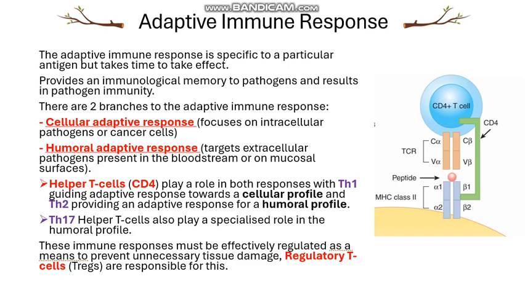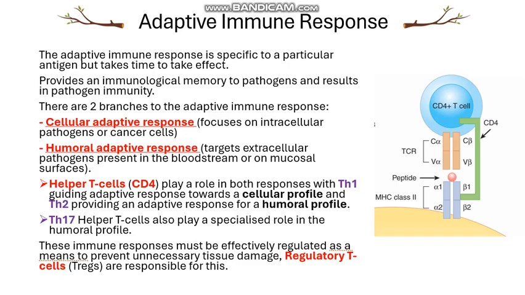It provides an immunological memory to pathogens in the form of memory B cells, and this results in pathogen immunity because these memory B cells will differentiate into plasma cells if they ever come into contact with the same antigen again. These plasma cells are going to produce the antibodies needed to opsonize the pathogen the antigen came from, and we'll be able to get rid of the infection fairly easily.